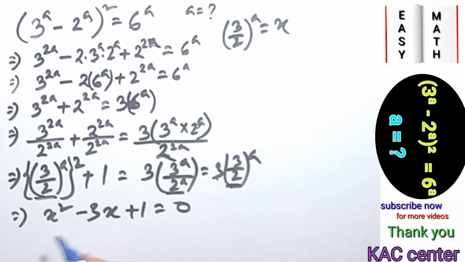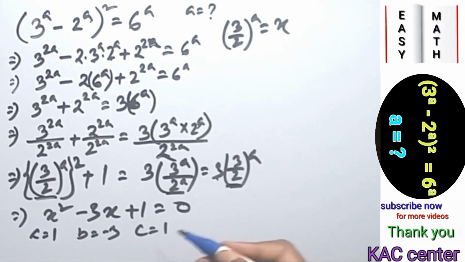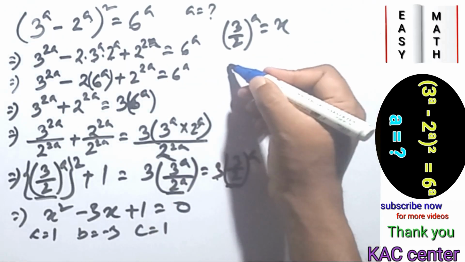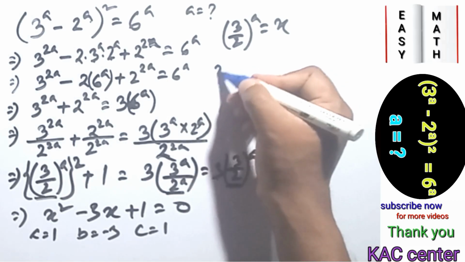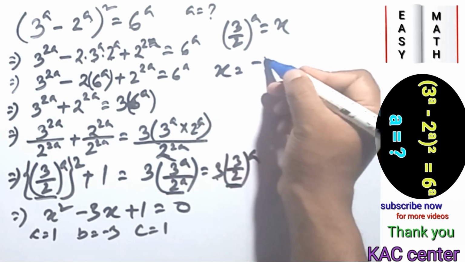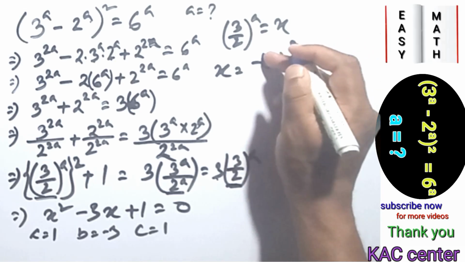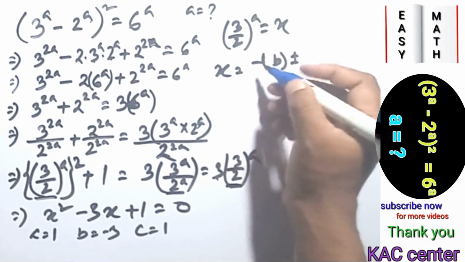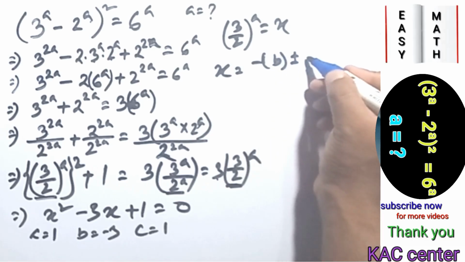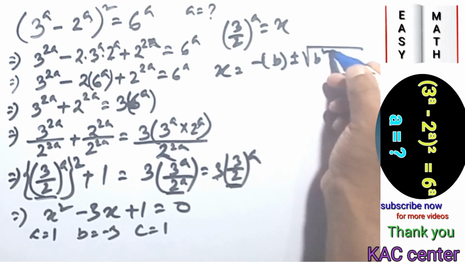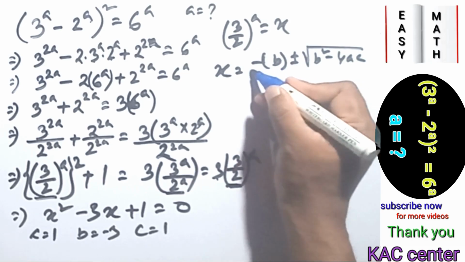So now the coefficients: a is 1, and b is -3, and c is +1. So we can write x equals minus b plus or minus square root of b square minus 4ac, by 2a.